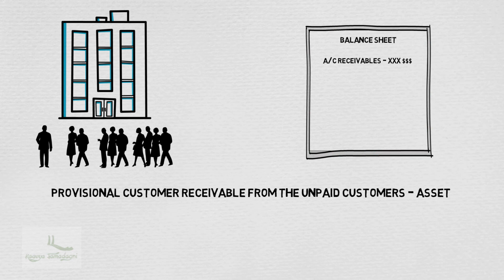This is because you cannot make an individual entry for each customer in the yearly report under asset. It is not at all realistic to have millions of line items in the balance sheet for the unpaid customers. Correct, right?